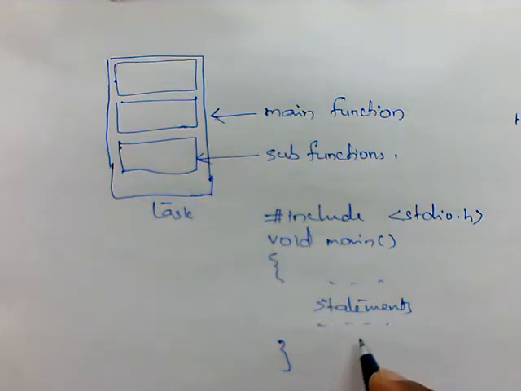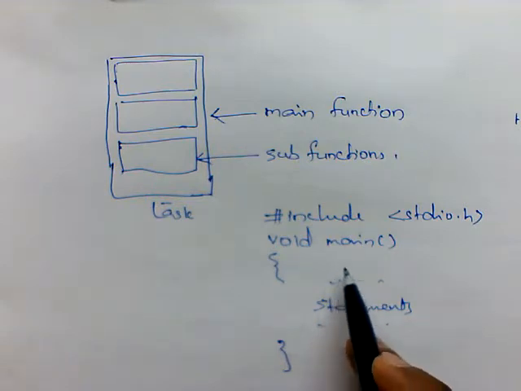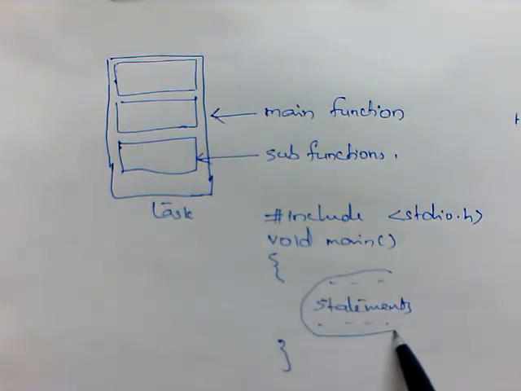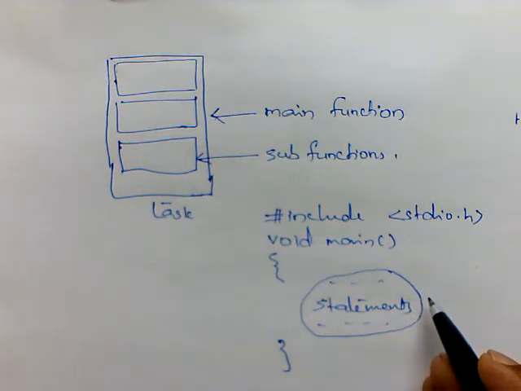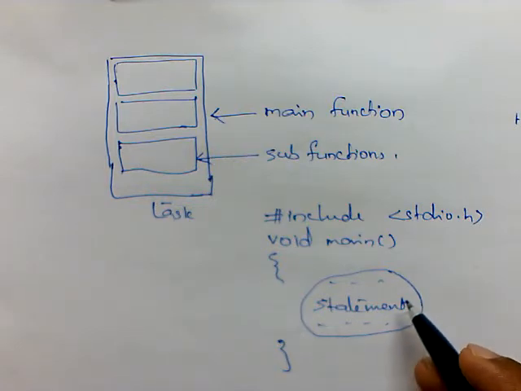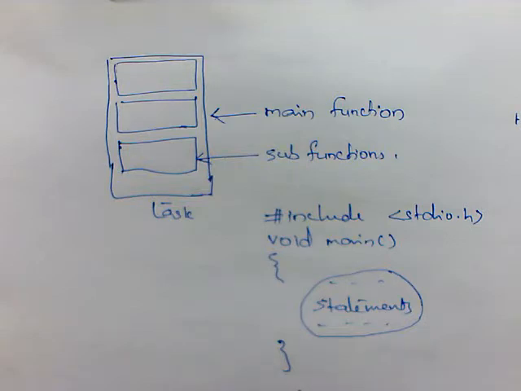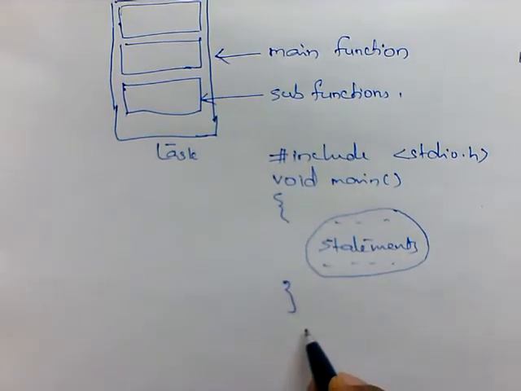But if you know the concept behind functions, inside the main function we don't want to write the statements to perform the task. Instead we can group those statements and write them outside the main function as a subfunction.